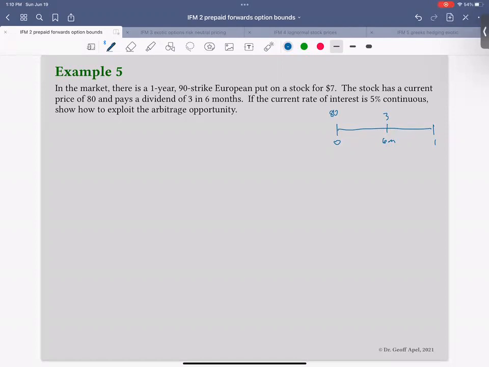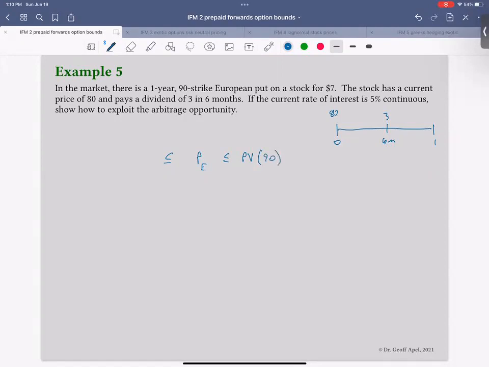So I guess we have to think about what relationships we know about a put and the current stock price. So that's why I should think back to the most basic bounds I know about a put. And I know that a put should always be, if it's a European put, less than the present value of K. And what was the K in this case?